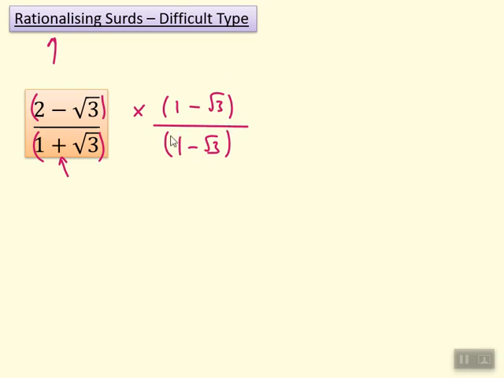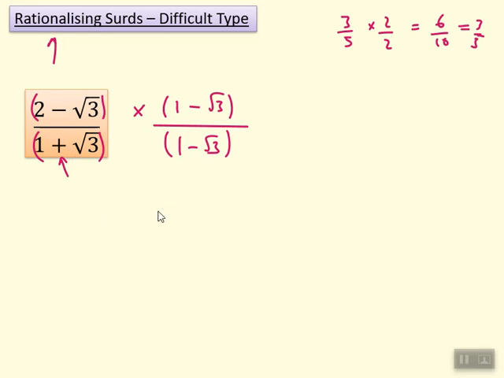Now, because we're timesing top and bottom by the same thing, we're not actually changing the value of that fraction, but it's going to help rationalize this. Just like, for example, taking 3/5 and timesing top and bottom by 2 to get 6/10, that's still equivalent to 3/5, just as this fraction is going to be equivalent to what we started with.